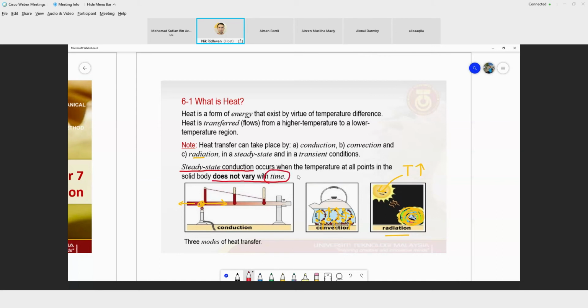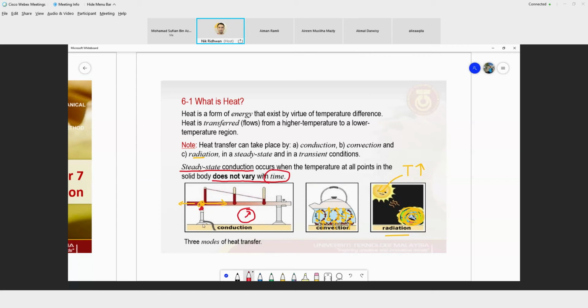Because we can imagine, if we just place this rod here, of which we know the temperature, and then suddenly we place the source of heat, then from there you can start your clock and start measuring the temperature distributions along this rod.